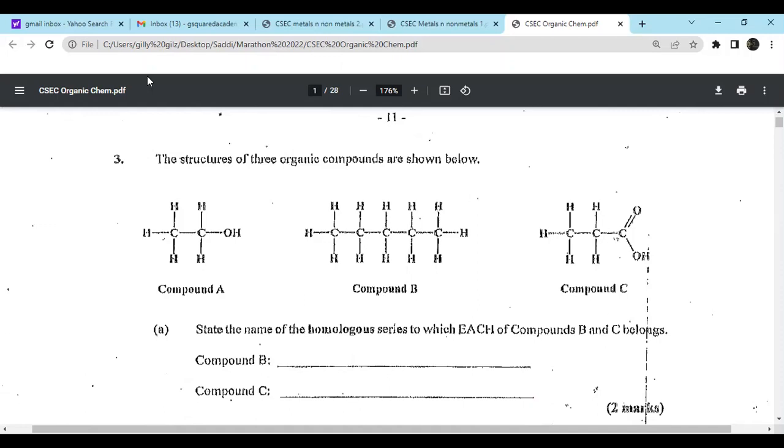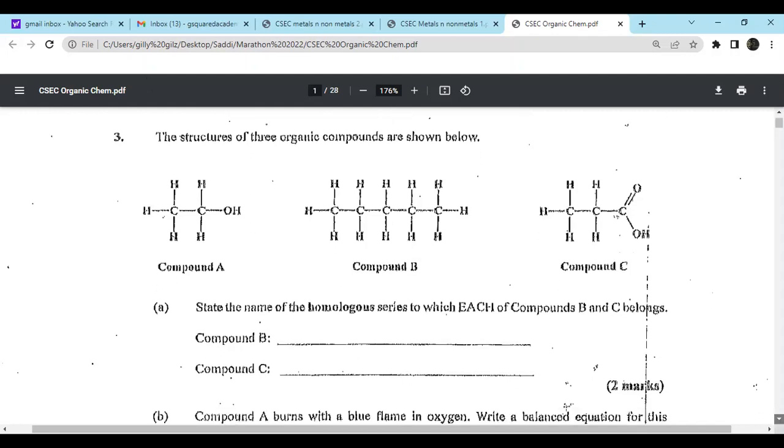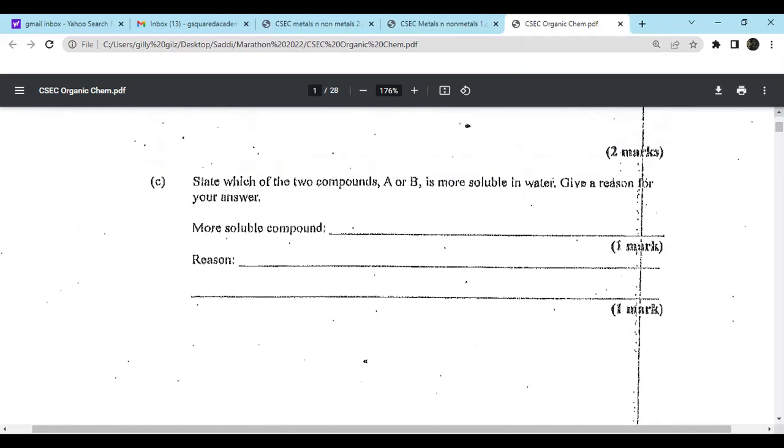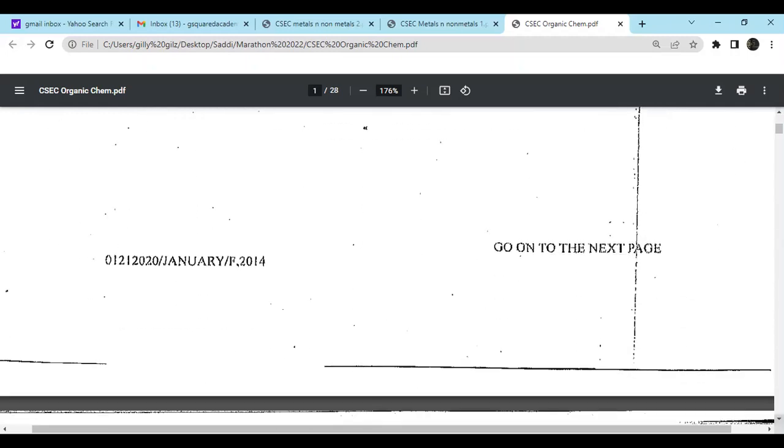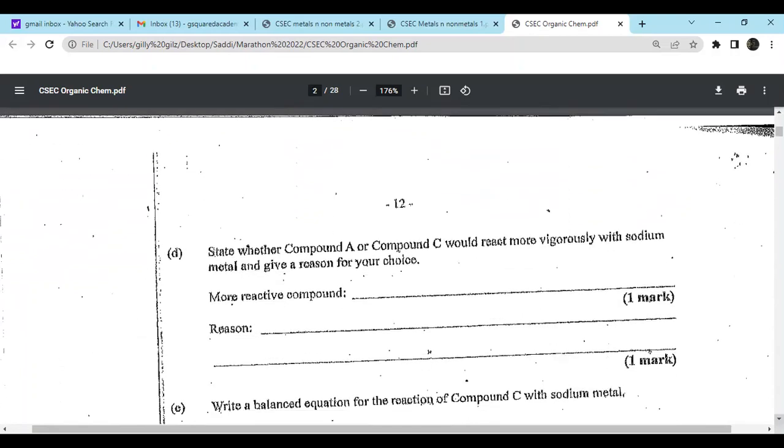Compound B, on the other hand, has nothing on it which makes it polar. It is non-polar, so it will not dissolve in water. So when you're answering this question, what you need to say is that compound A is more soluble in water because it is more polar than compound B. All right, and like dissolves like. So that was 2014.